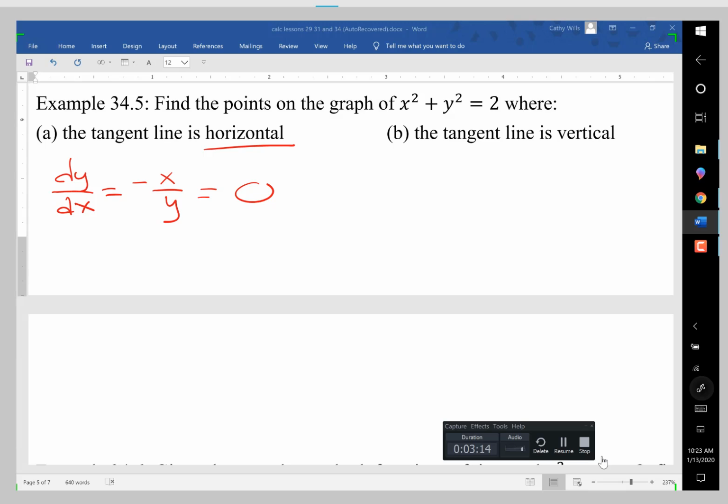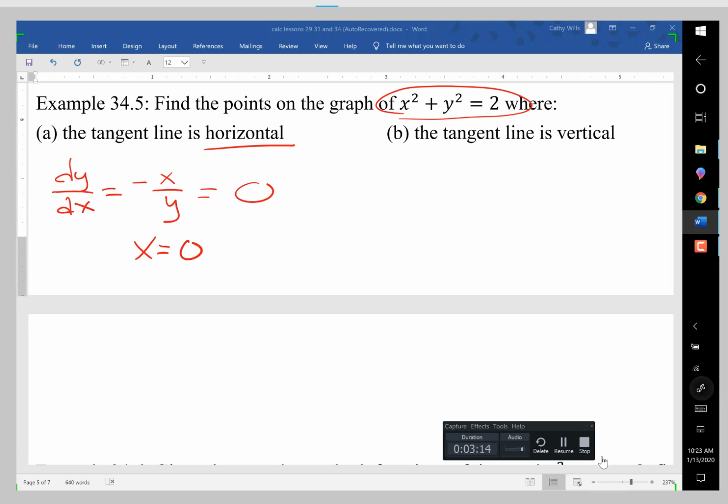All right, so that's going to equal 0 whenever x is 0. So again, the only way that tangent line could ever have a slope of 0, the only way it could ever be horizontal, would be when x is 0.